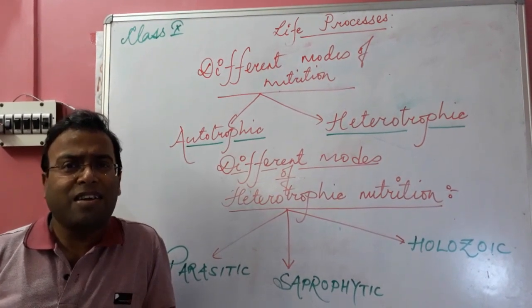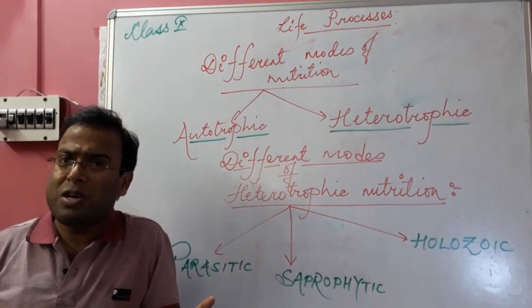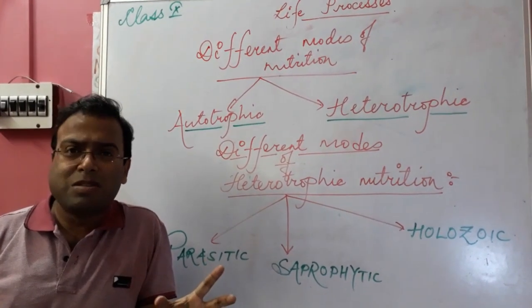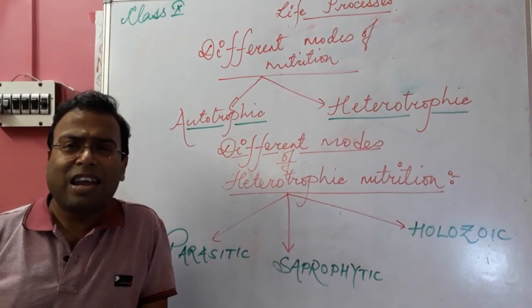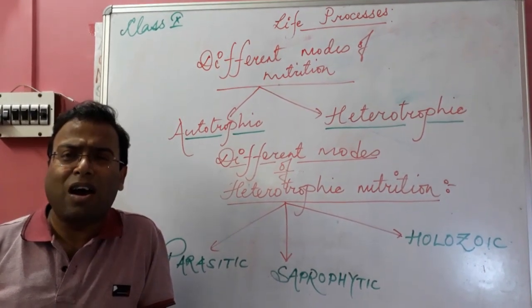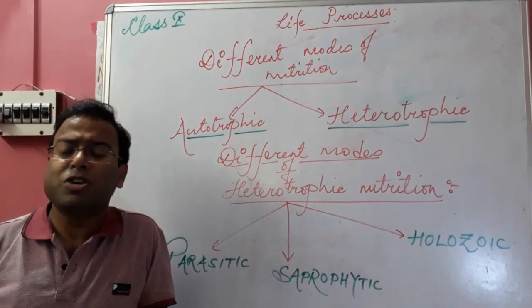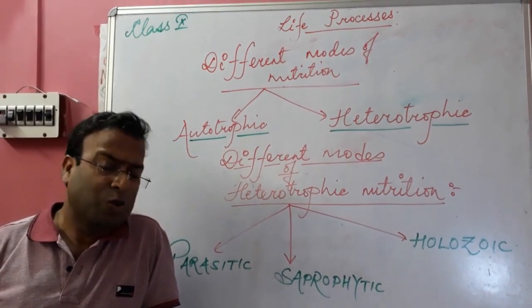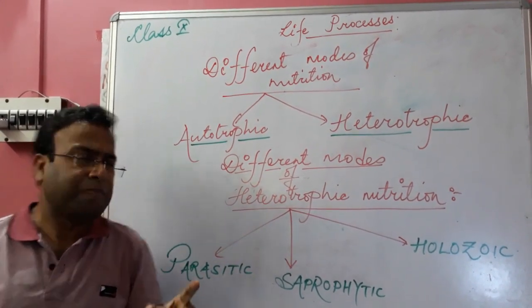Okay, and heterotrophic nutrition. What is heterotrophic nutrition? The organisms which cannot make their own food and in fact depend upon other organisms for their nutritional requirement is known as heterotrophic nutrition. So let me repeat it once again.